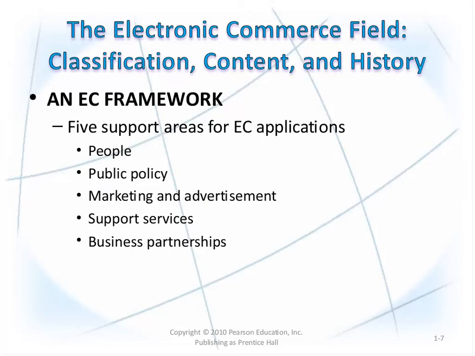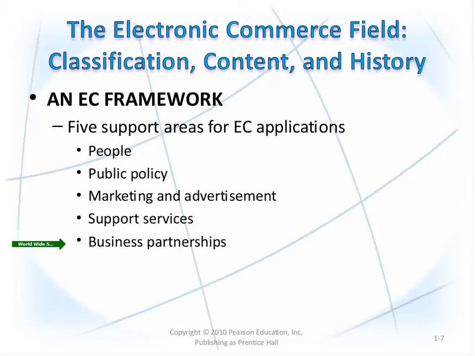So in the electronic commerce field, when we bring some definitions and classifications, there are different parties involved here. The five support areas for e-commerce applications you can see here: people, public policy, marketing and advertisement, support services, and business partnership.